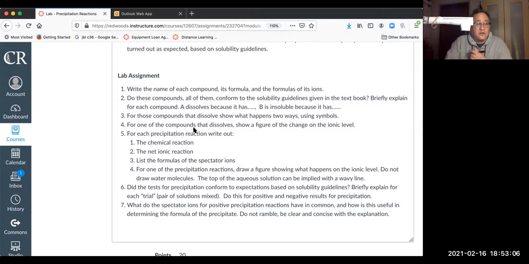3, for those compounds that dissolve, show what happens 2 ways. So do you remember for sodium chloride, I said you could do this or this. So you have to do these for all of the ones that dissolve. That's number 3. Number 4 says draw a diagram of what happens on the ionic level.